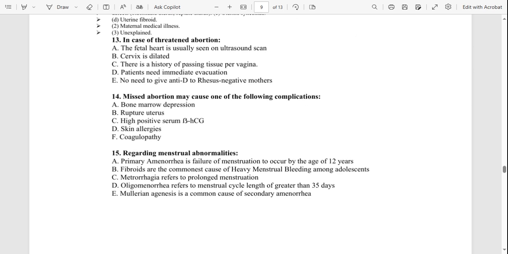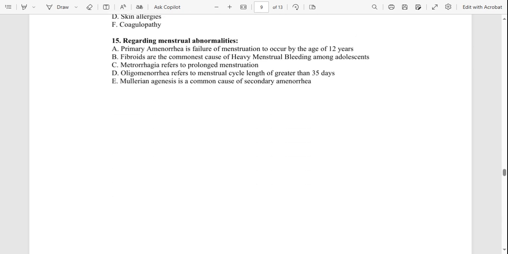Number 15, regarding menstrual abnormalities: primary amenorrhea is failure of menstruation to occur by the age of 12 years. Fibroids are the most common cause of heavy menstrual bleeding among adolescents.